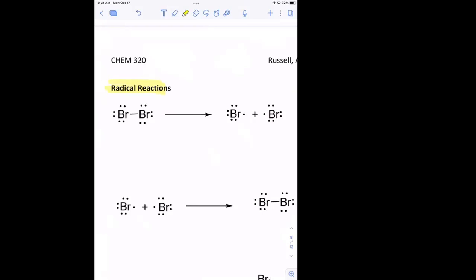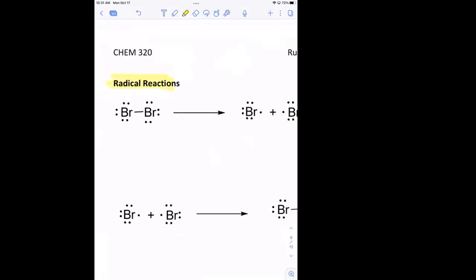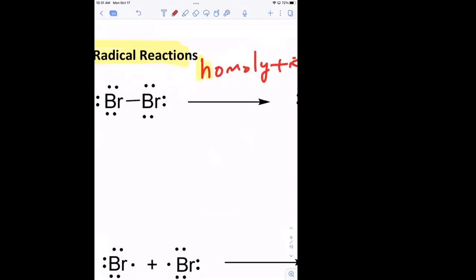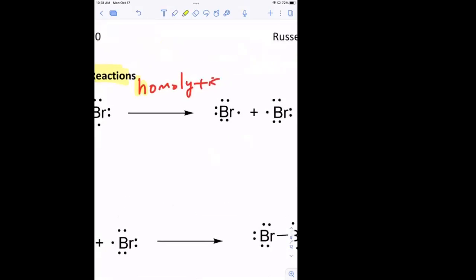It's homolytic. Good. All your radical processes are either going to be homolytic or homogenic. This is homolytic. If I have one electron here and one here, how do I break that bond?